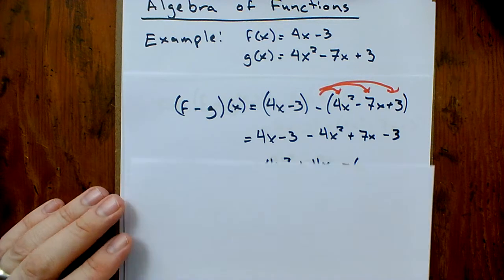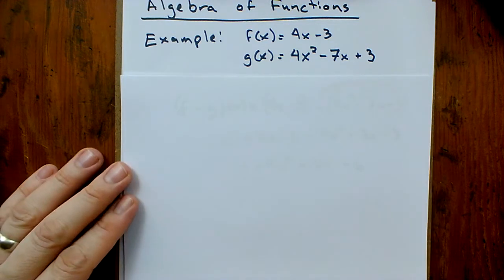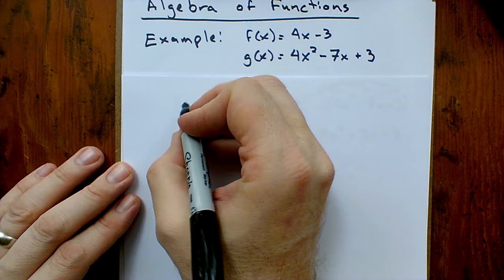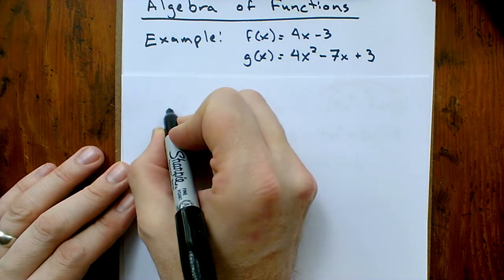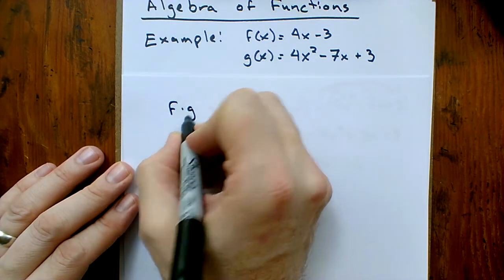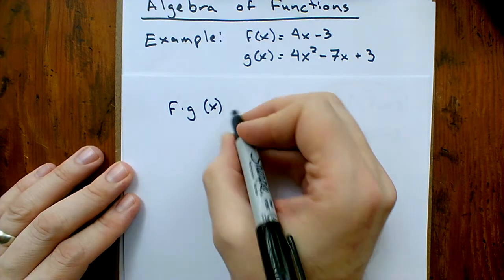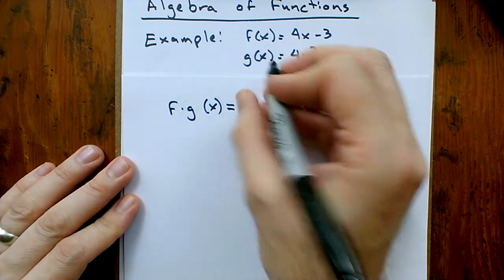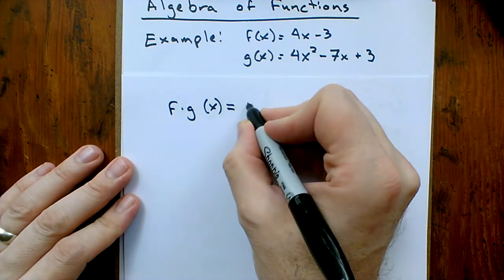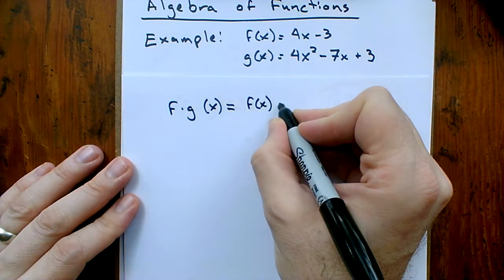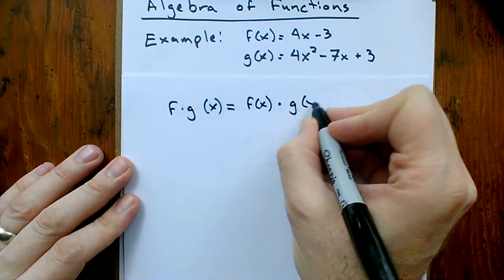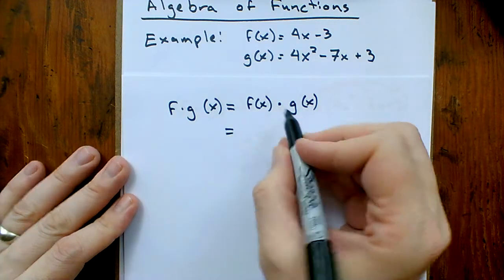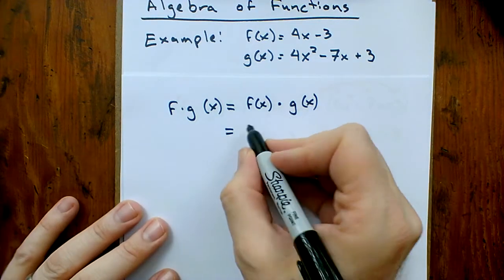Let's do our multiplication. If I'm doing f times g of x, once again, this is just multiplying my f of x times my g of x. And this is, once again, going to be different than composition.